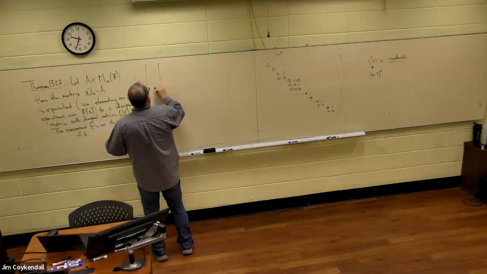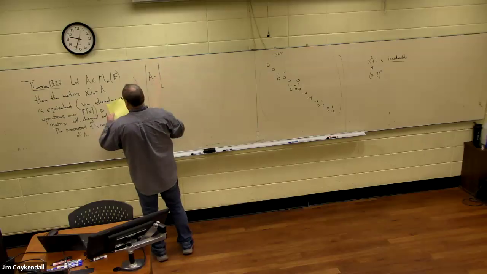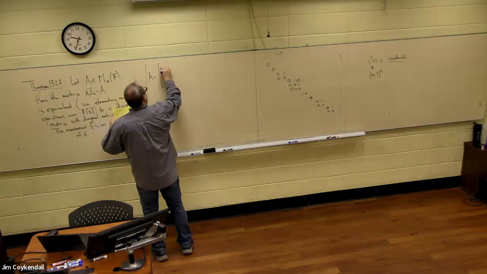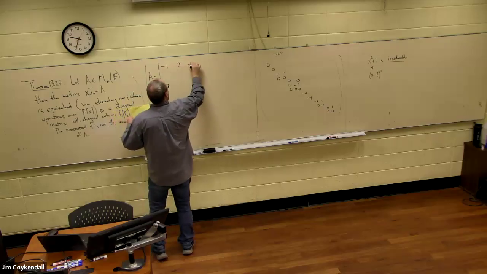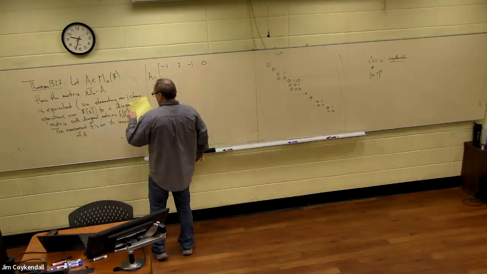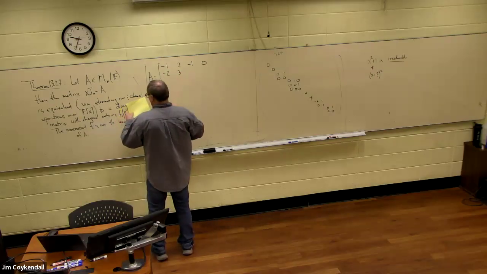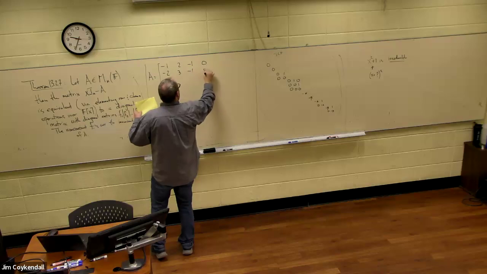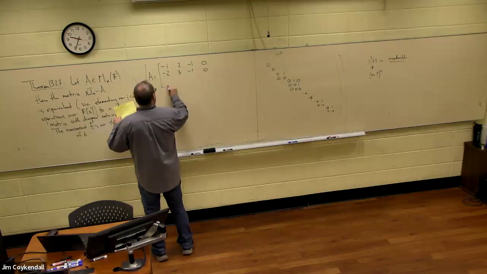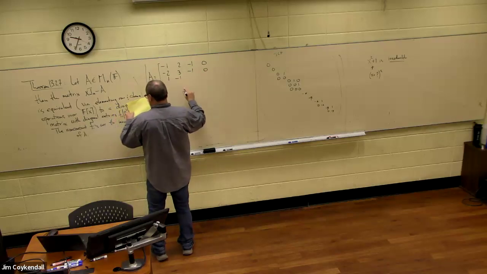fixing to do here. Let's let A be -1, 2, -1, 1 and -1, 1, 0, 1. And listen, I really want you guys to watch me on this because I'm going to do this without the paper. And if I get this wrong, believe me, we're all going to regret it.